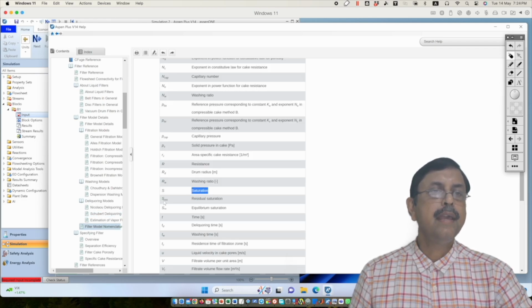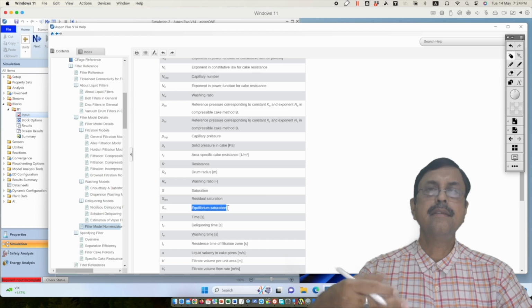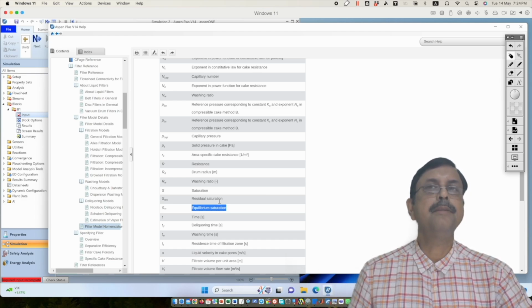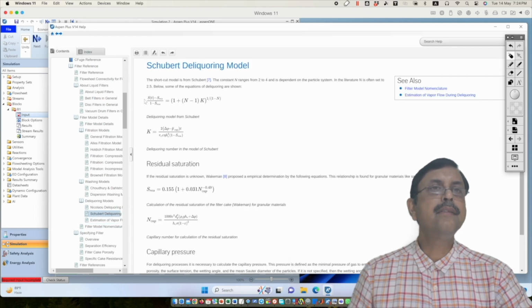S res is residual saturation. S infinity is equilibrium saturation, that means saturation as it reaches when time t is equal to infinity. So we have to calculate this saturation in deliquoring model.